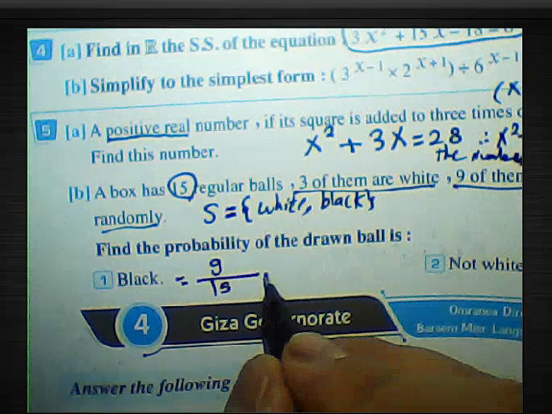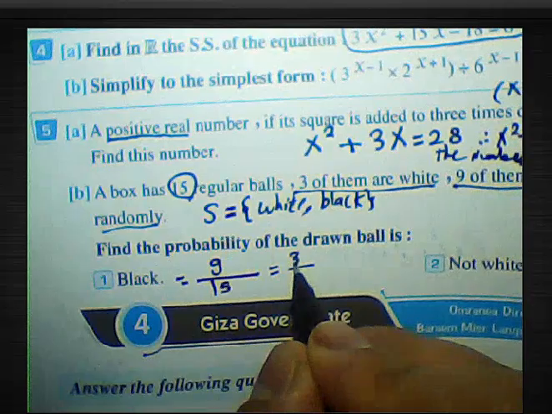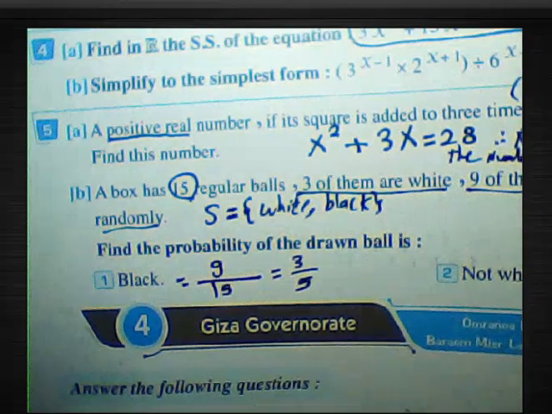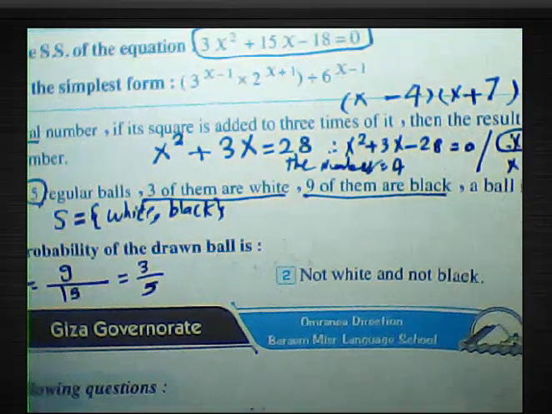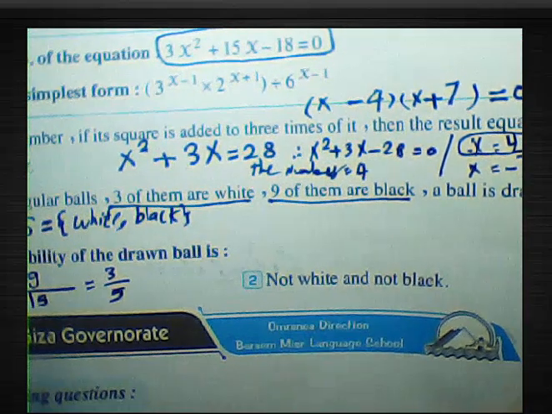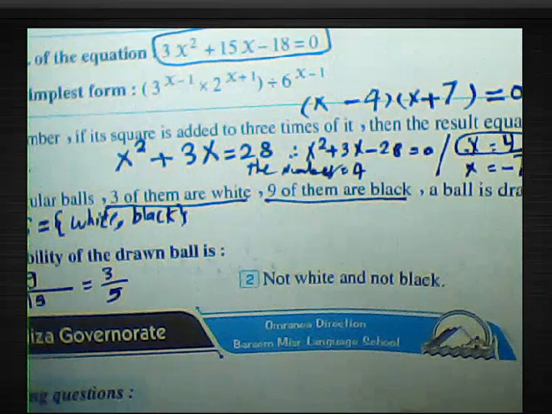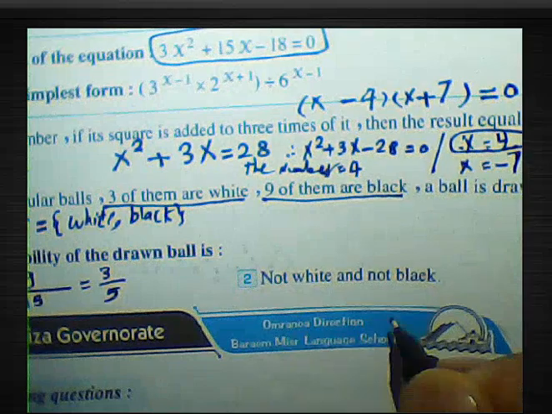And then you can simplify it by dividing by 3. 9 divided by 3 equals 3. 15 divided by 3 equals 5. Number 2, not white and not black.